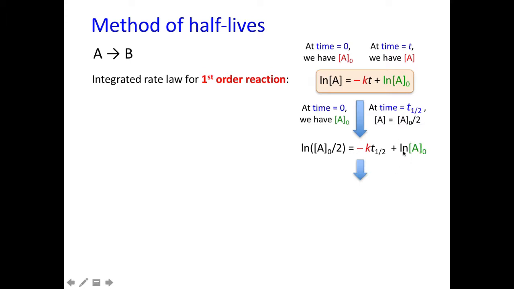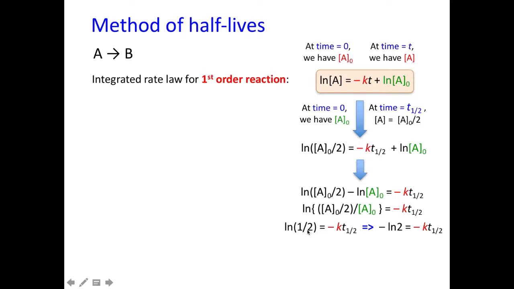In this case, I take ln of the initial concentration of A to the left side to get this here. The difference of logarithms is the ratio between these two logarithms. So I can combine these two in this way. And in this case, initial concentration of A just disappears here. And I get ln of 1 divided by 2. So ln of 1 divided by 2, I can write as 2 to the power of minus 1.